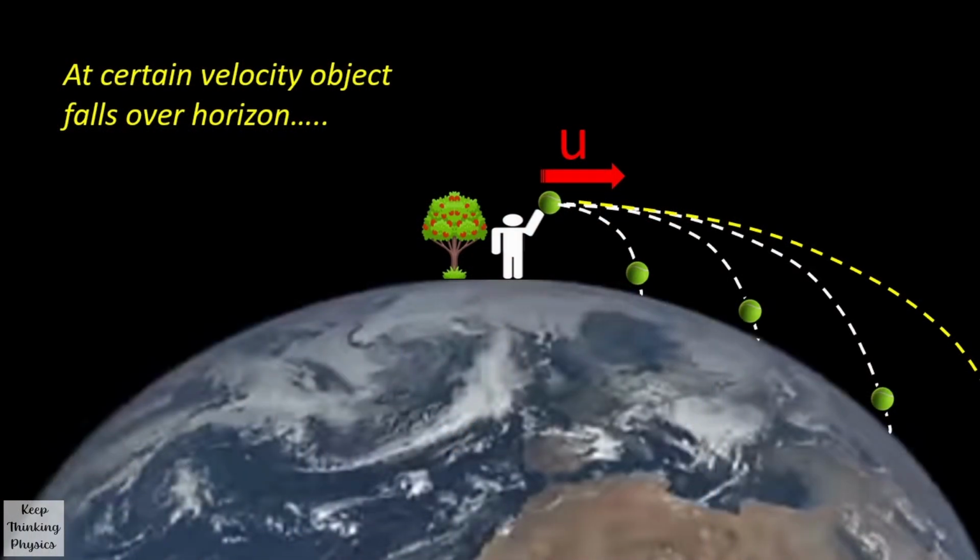If we keep extending this analogy, then we can imagine we reach a velocity where the object falls in a way where its curvature of descent matches the curvature of the Earth. And in that case, the ball would be able to go round the Earth and return to its starting point. It would not hit the ground, and this is what we mean by being in orbit, that the path of the object continually retraces.